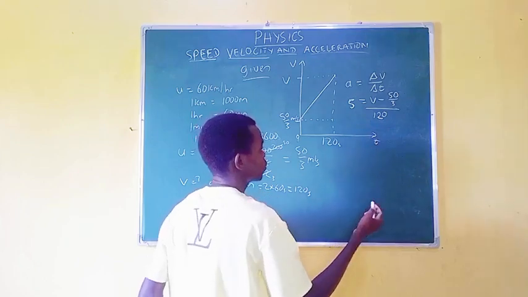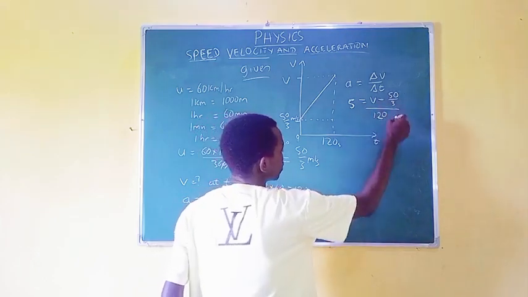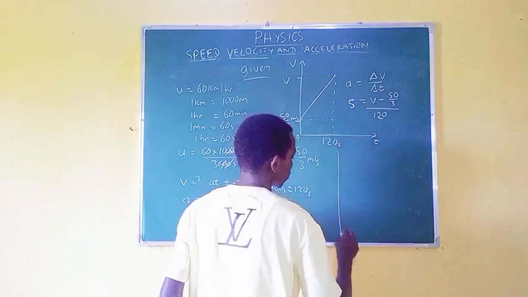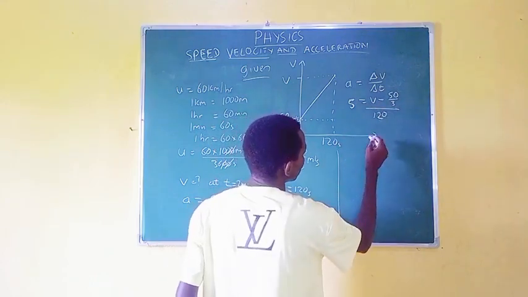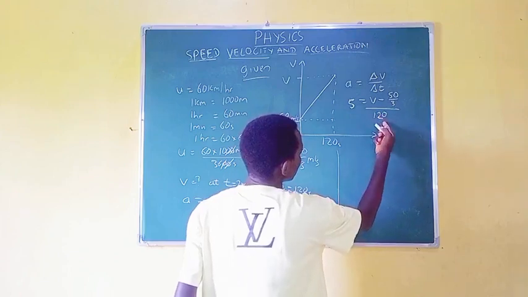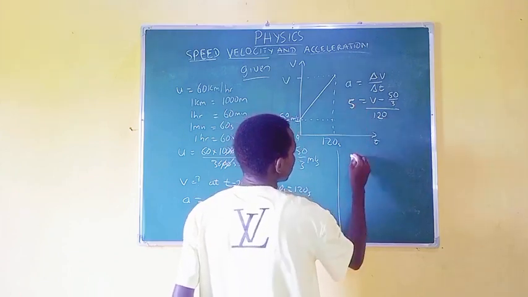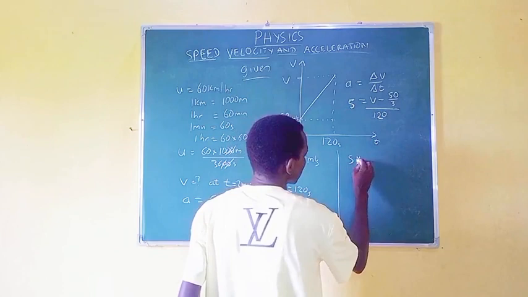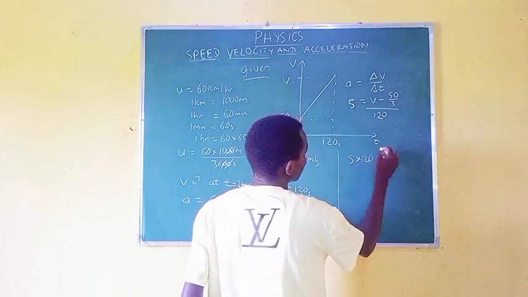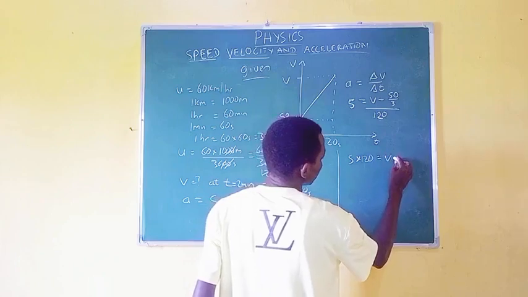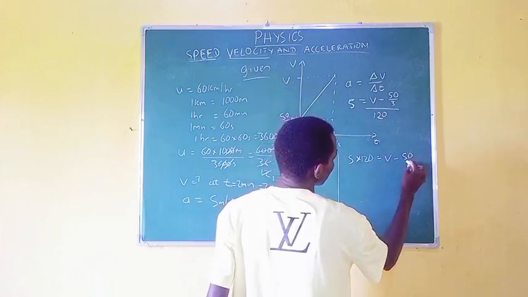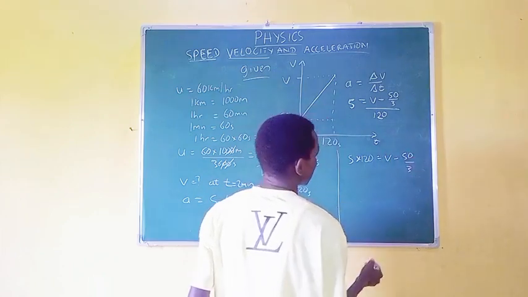So here now we can find the velocity by cross multiplication. If we cross multiply, it becomes 5 times 120 is equal to v minus 50 over 3.